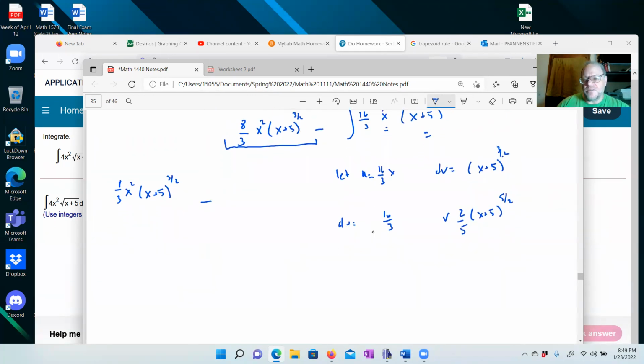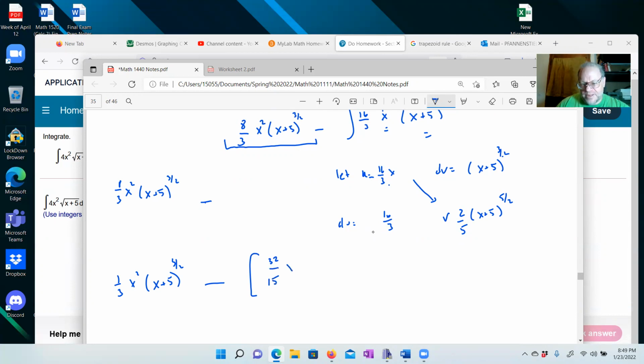Okay, so we go ahead and we multiply uv, so this is 1/3 x squared times (x plus 5) to the 3/2 minus, that's this minus, and then we need big parentheses, so we're going to have uv. Okay, so 16 times 2 is 32. 3 times 5 is 15.